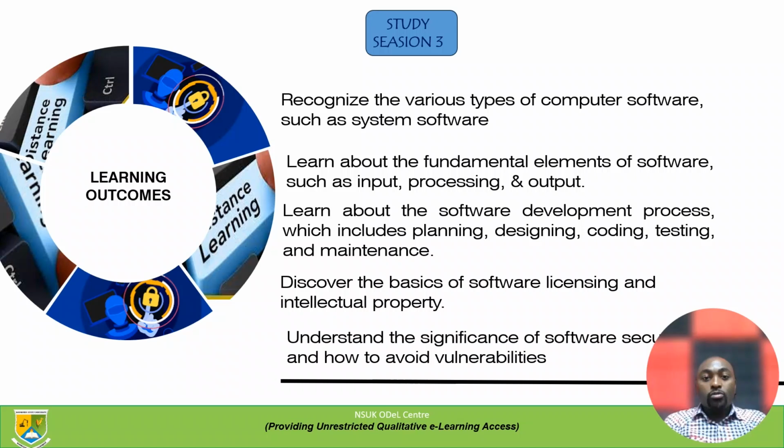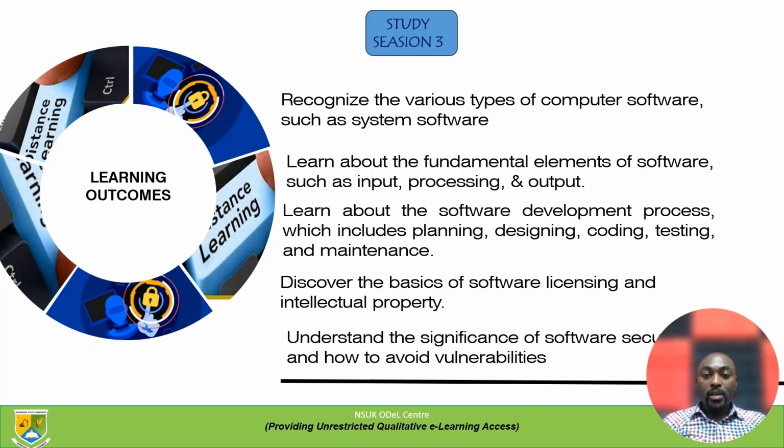concerned, is to be able to recognize the various types of computer software, such as system software and application software. Also, to learn about the fundamental elements of software, such as input, processing, and output.